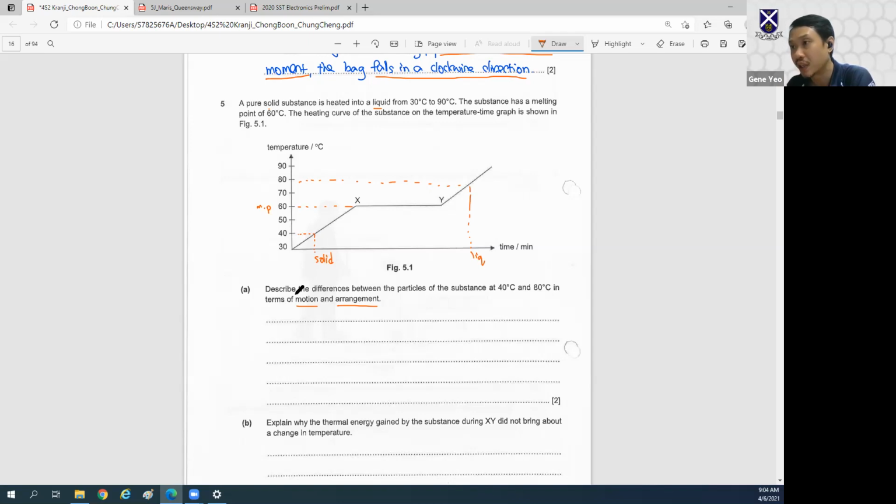Whereas liquid, the particles kind of slide past each other. Okay, so that is the motion. Arrangement, they are closely packed, orderly for solids, and for liquids, they are still closely packed, but they don't have a fixed arrangement, so a disorderly arrangement, okay? So let's write all that down. Let's mention the keywords.